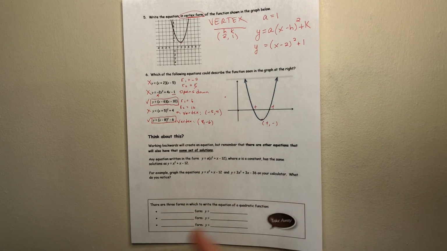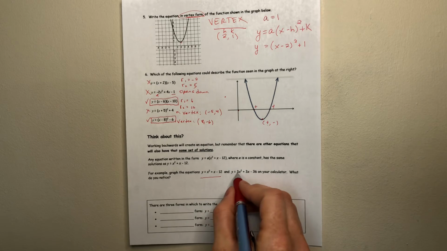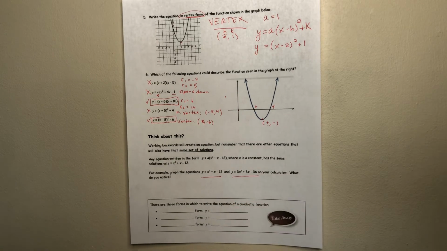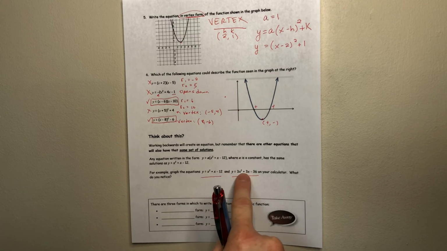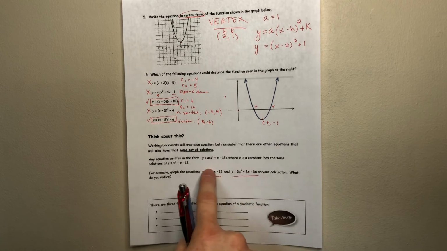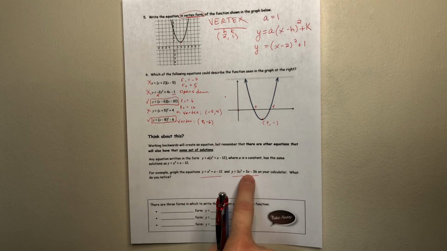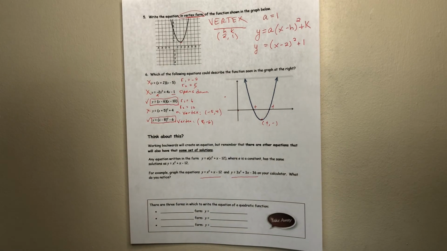So to prove that to you, graph this on your calculator, and then in Y2, graph this. So graph these on the same window. Pause the video real quick. Type this into Y1, type this into Y2. And what I want you to see is that these two actually have the same roots. But you're going to notice one difference between them.